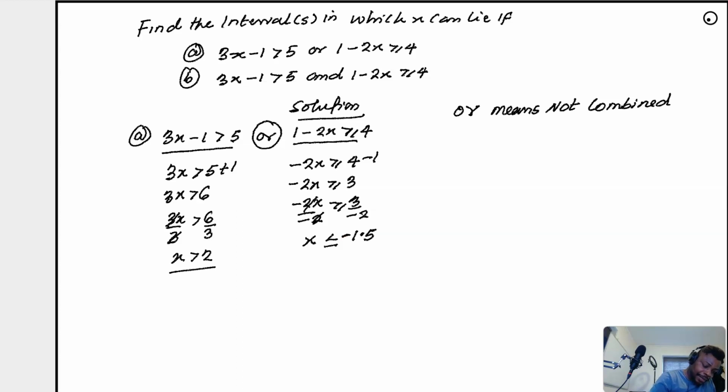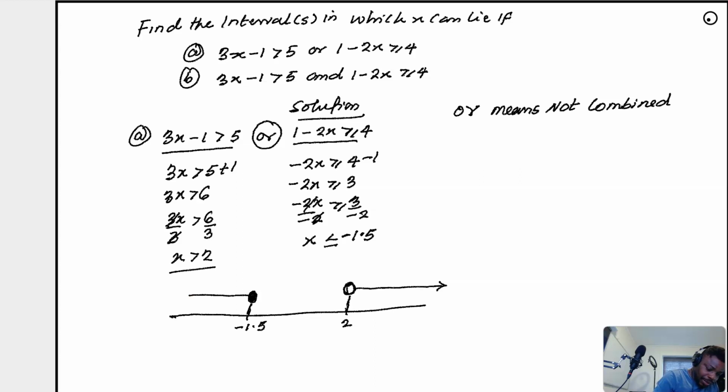Now, let's see. If I put this on a number line, this is minus 1.5, and this is 2. So x is greater than 2, not shaded, right? Greater than 2. And x is less or equals to, that is shaded, less or equals to on this side.